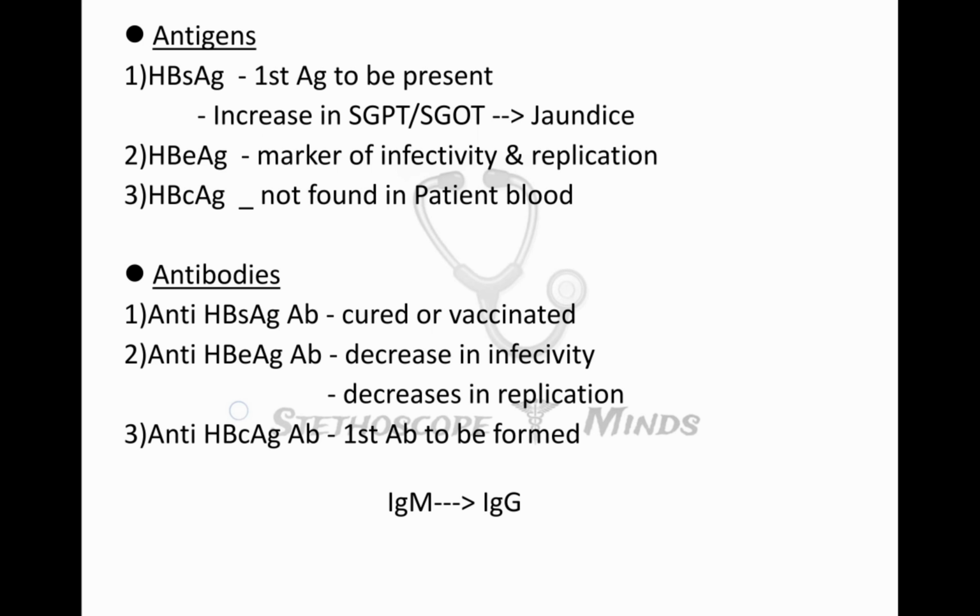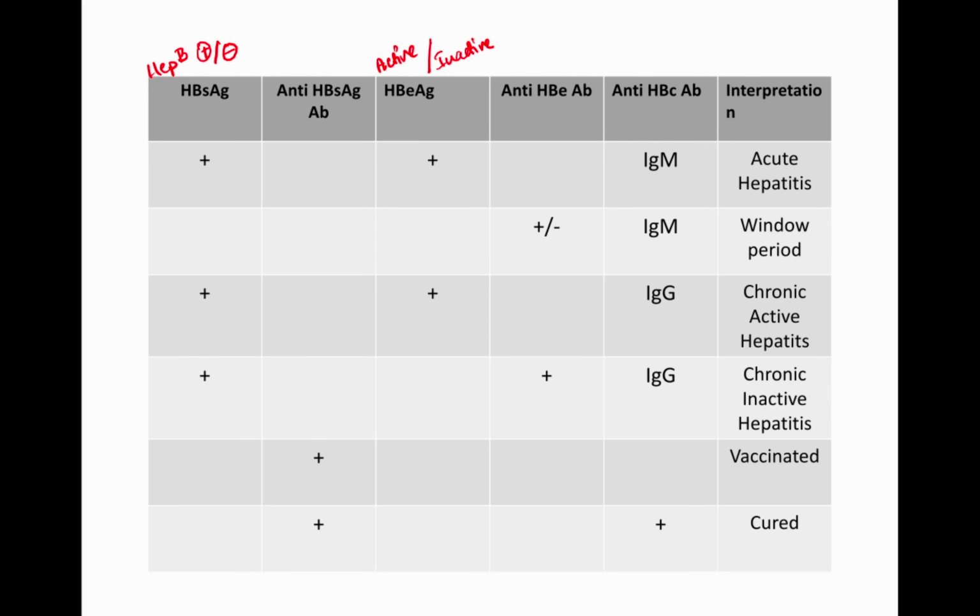Next, look at the fifth column, anti-HBc antibody, in which you should remember this: IgM means acute and IgG means chronic, right? Simple. Now let's interpret the table.